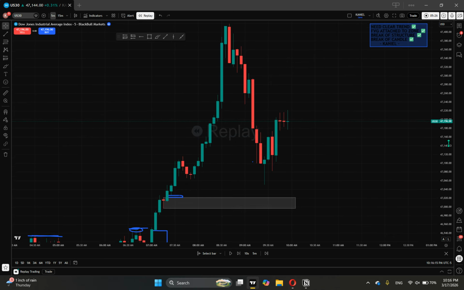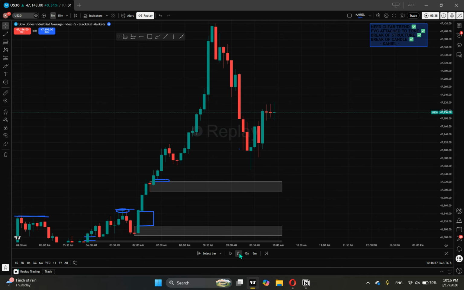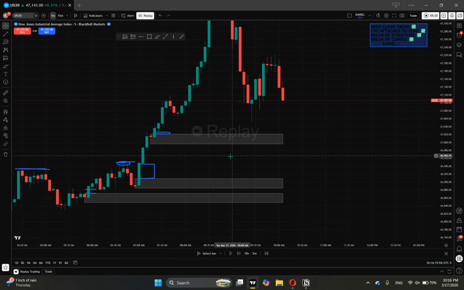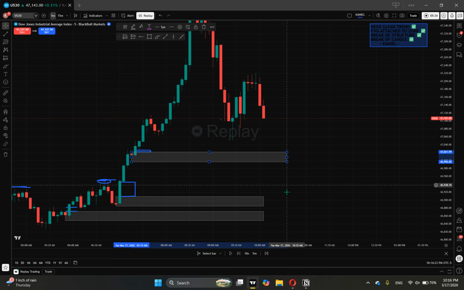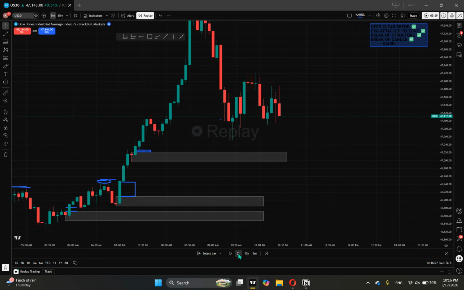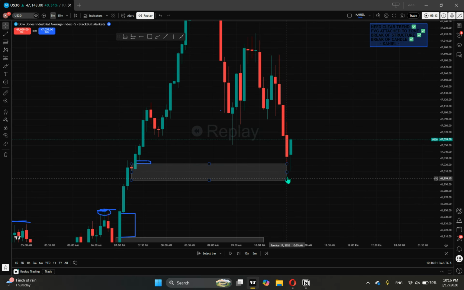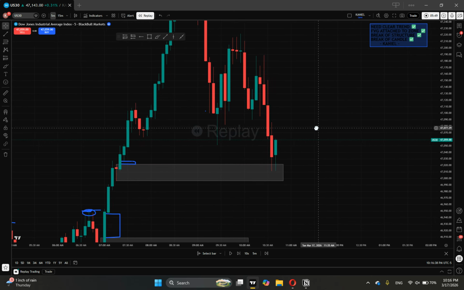So waiting still for a setup. We have three valid demand zones. So let's see what price will do. Alright, so we got the top. Now we're waiting on the break of candle.